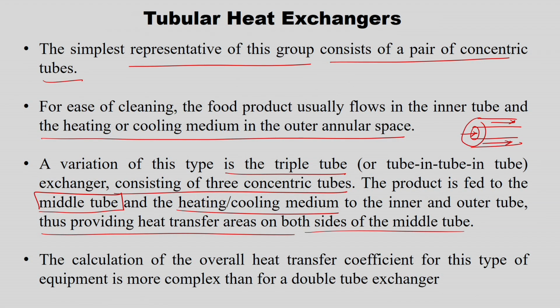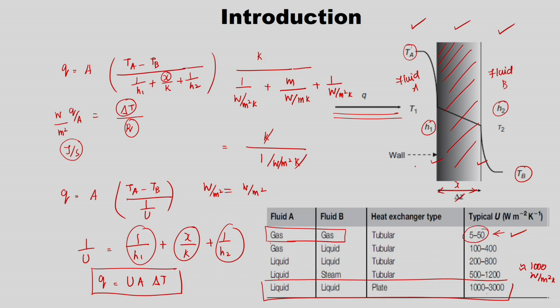First we will see the theory. The product is fed to the middle tube and the heating and cooling medium to the inner and outer tube, thus providing heat transfer areas on both sides of the middle tube. The calculation of the overall heat transfer coefficient for this type of equipment is more complex. Whatever I told here: fluid is flowing on the other side of the wall, one heat exchanger wall is there, one fluid is flowing on this side, another fluid is flowing on this side.